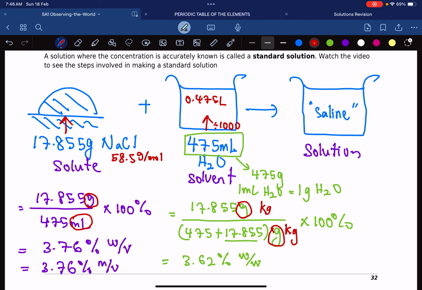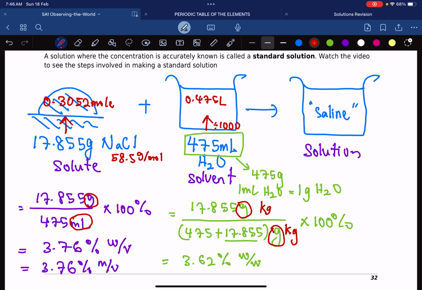Something's wrong with the calculator. One second. Okay, sorry. Something was going on with the calculator. So it's 0.3052 moles. All right.